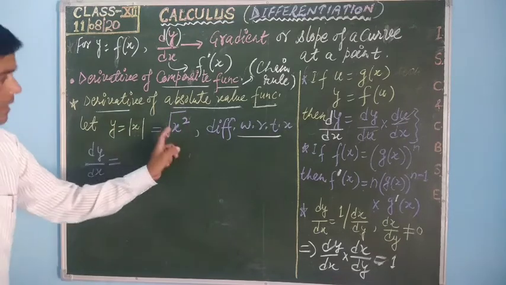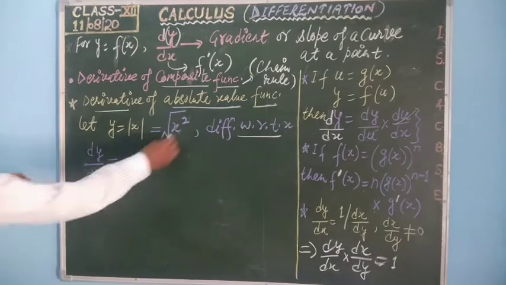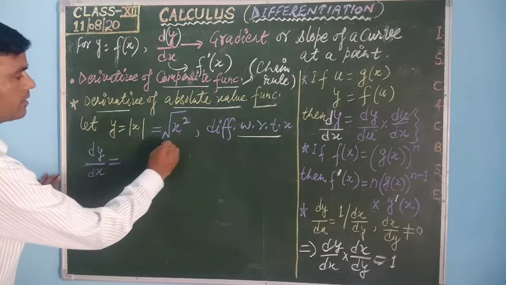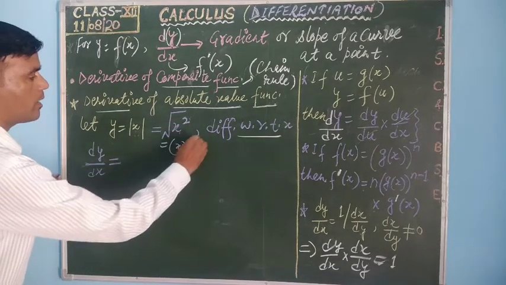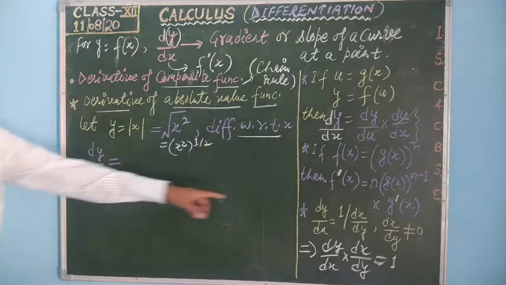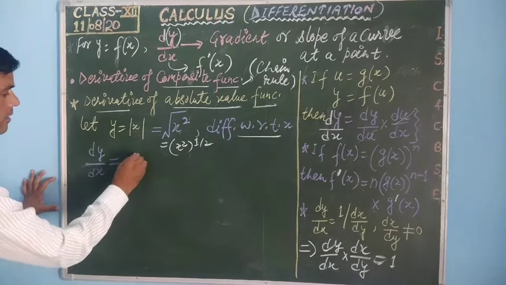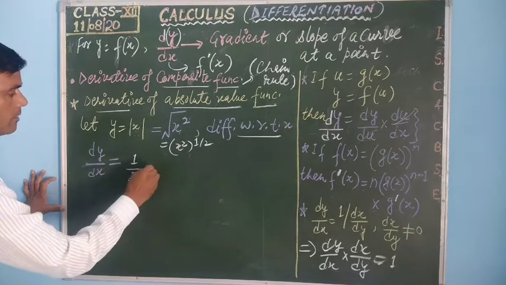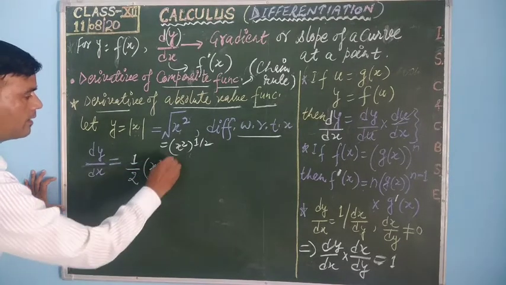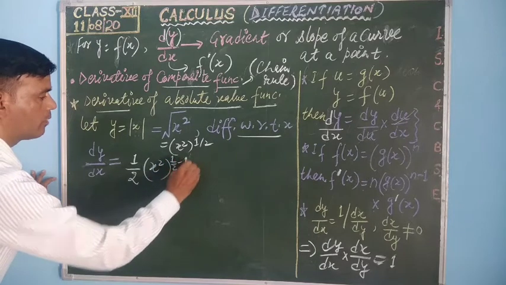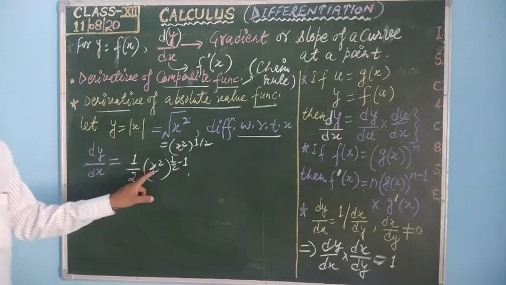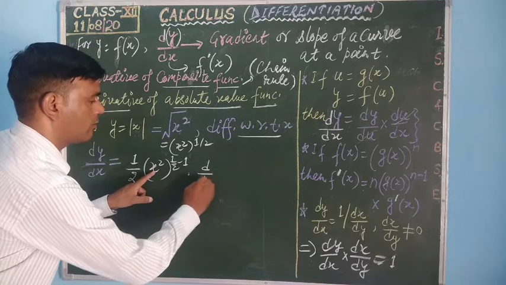So using the chain rule, actually the power of x square is half. This can be written as (x²)^(1/2). According to this formula, we take this power ahead, so we get half, then inside (x²) to the power half minus 1, and further the derivative of x square.